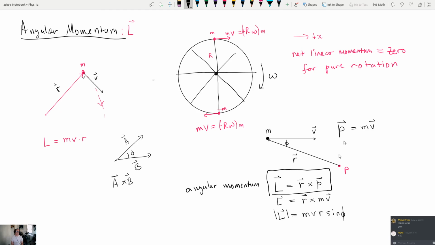So what about over here? r goes this way, momentum goes this way. What would the direction of L be?